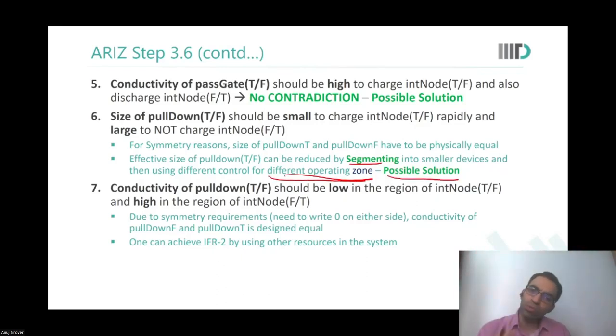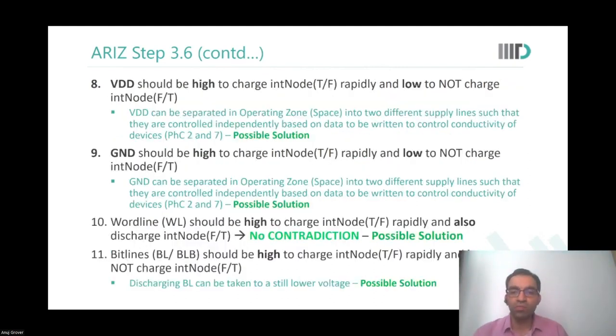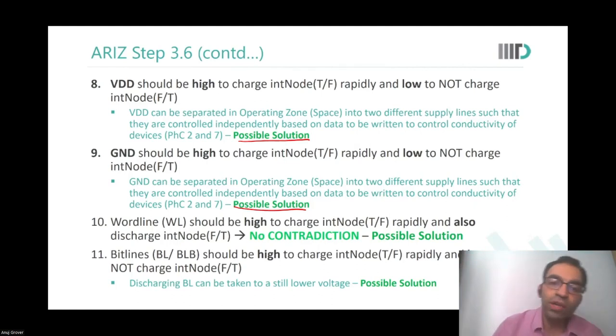So just going through this flowchart has highlighted some possible solutions to me. There is a possible solution with 8th resource also, 9th resource also, 10th and 11th also. So there are so many possible solutions. Now, for each of these solutions, directly from step 3.6, I can actually go to step 7.